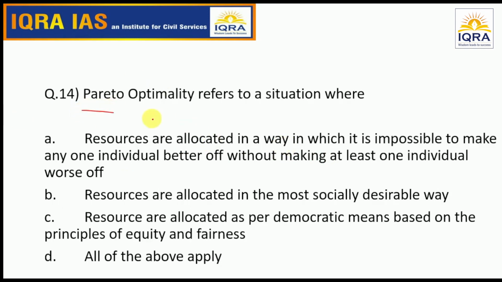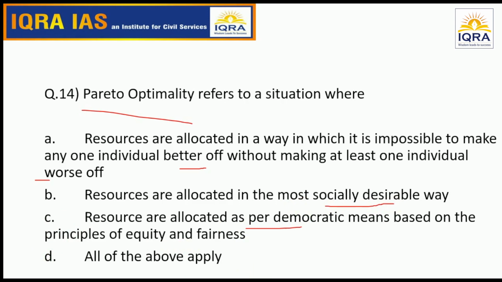Question number 14. Pareto optimality refers to a situation where A, resources are allocated in a way in which it is impossible to make any one individual better off without making at least one individual worse off. B, resources are allocated in the most socially desirable way. C, resources are allocated as per domestic means based on the principles of equality and fairness.